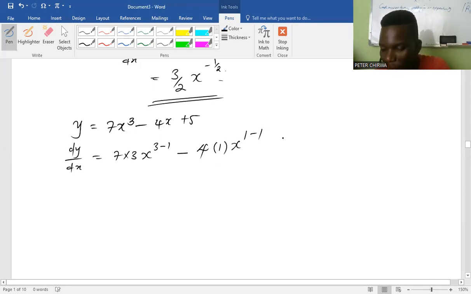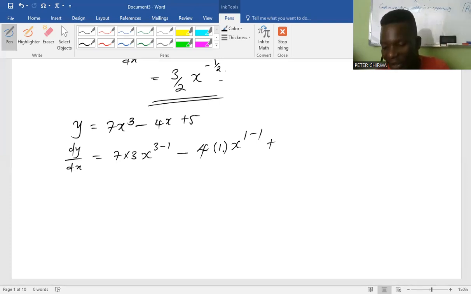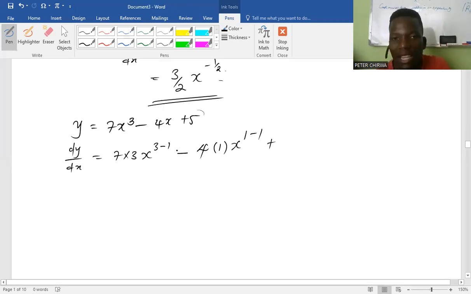It's 1. 1 plus, we've said when you're differentiating a constant, you get 0. In other words, since you have 5 here, we don't have x. If we put x to the power 0, because x to the power 0 gives us 1, so we have not changed anything. It's going to 5, and then we drop the power.